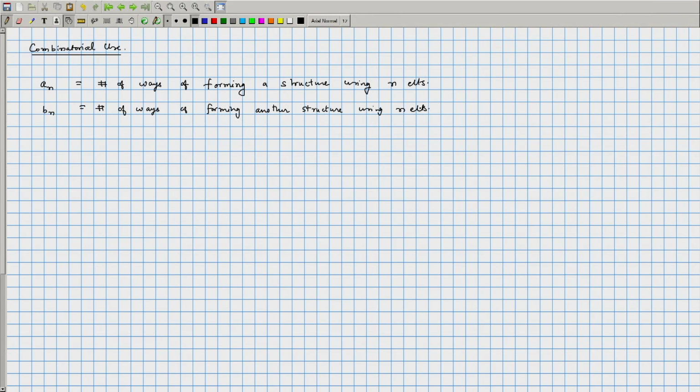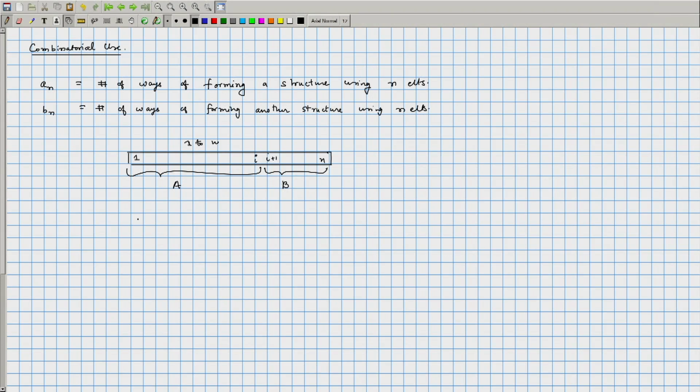Now, let us look at the following problem. We are given elements 1 to n. We are allowed to form a subset A containing elements 1 to, let us say, i, and B containing elements i plus 1 to n.